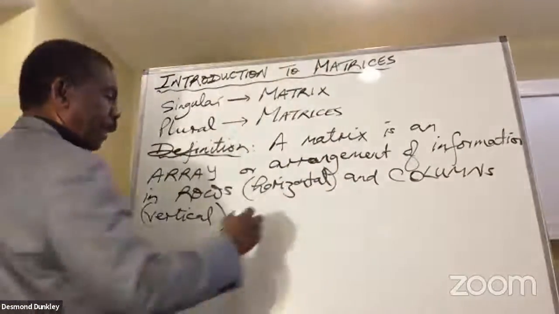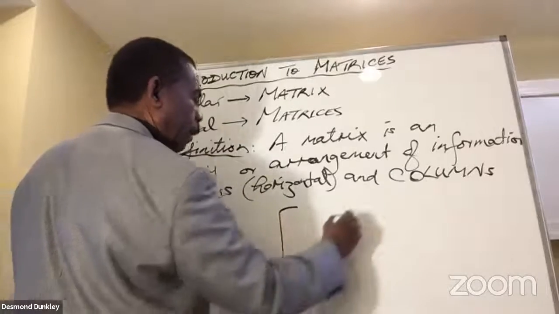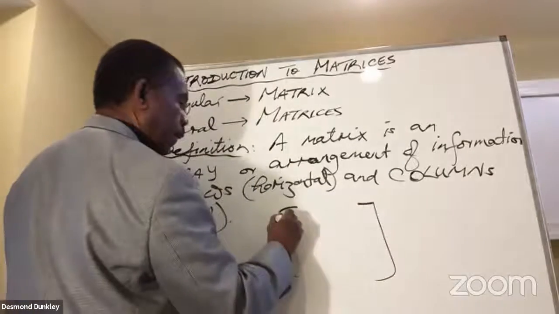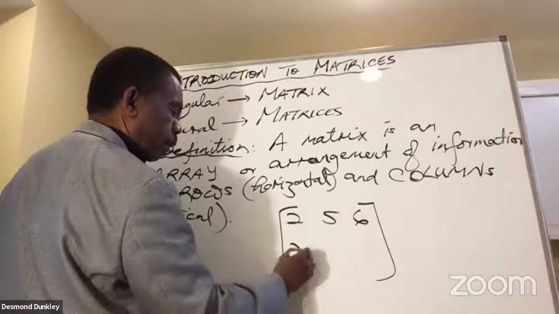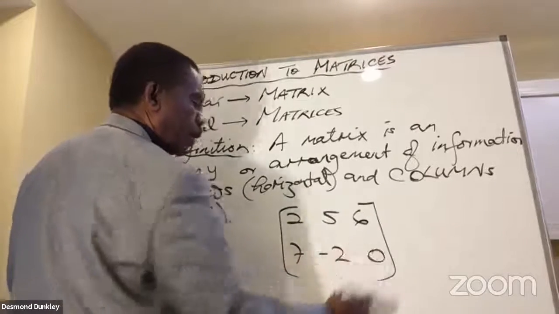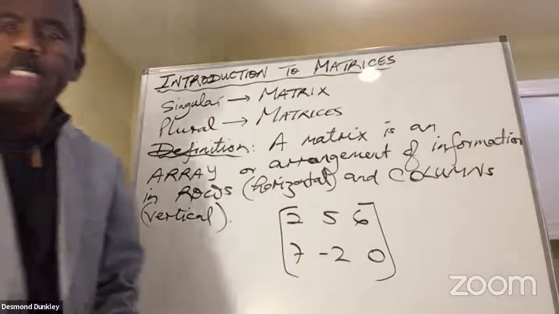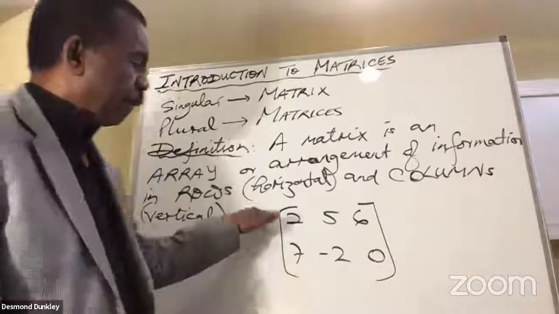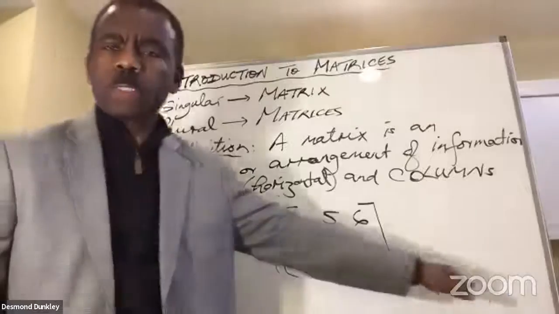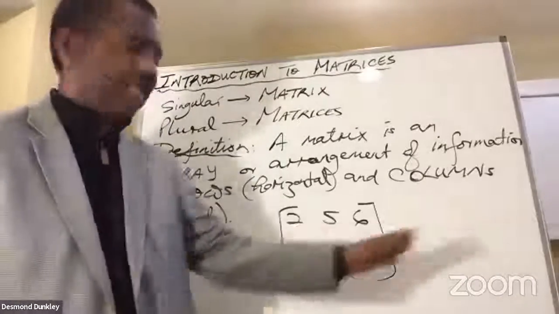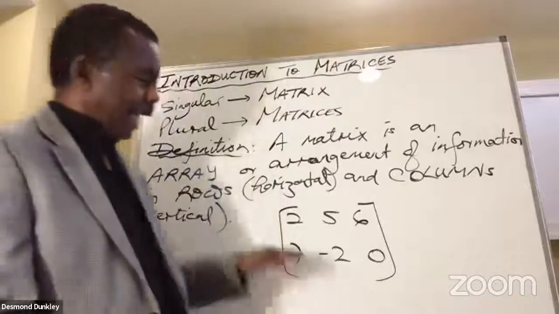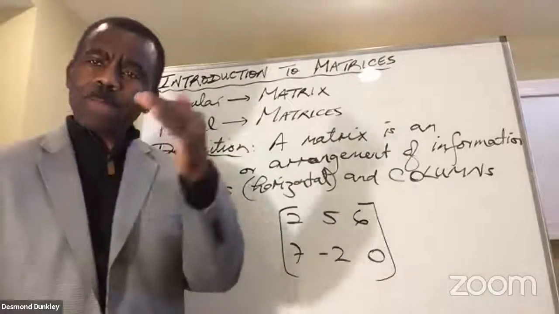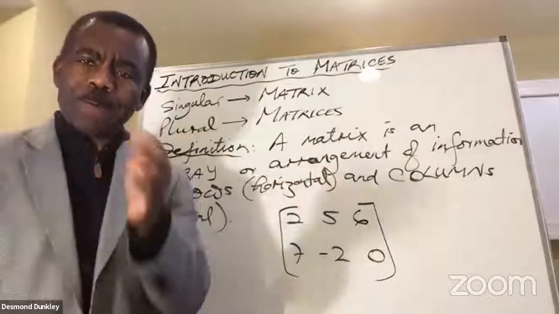For example, you could have a matrix that looks like this. That's a matrix. Notice you have two rows, 3 columns. Got it? That's a matrix, right? It's an arrangement of data in rows and columns.